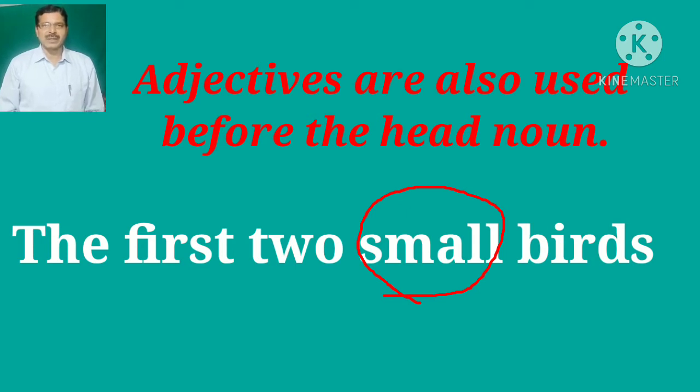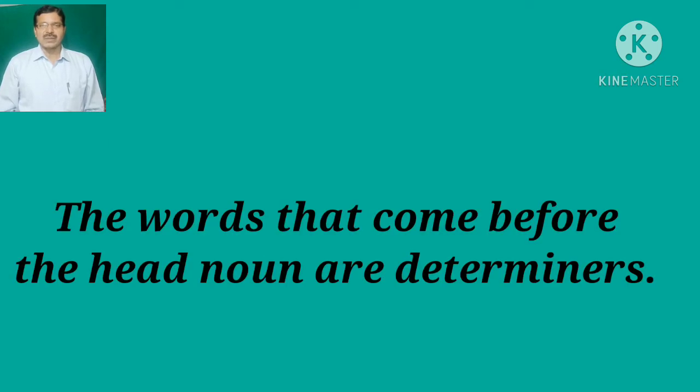This is an adjective. Okay? So we can conclude that words which come before the head noun are determiners, but adjectives are not determiners.